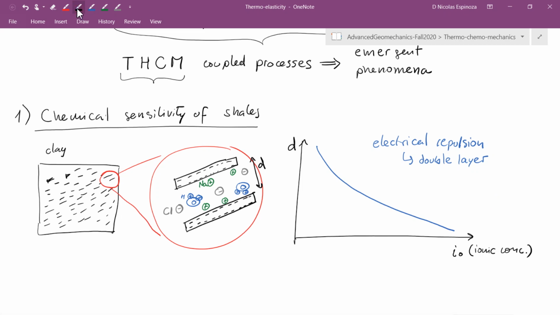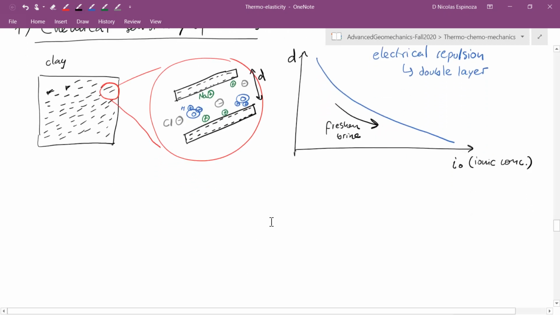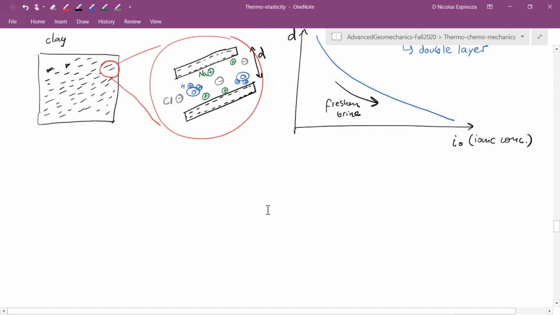Okay, so ionic concentration is basically the amount of salts that you have in the brine. For example, if you were to freshen the water within the pore space, that would be a process in which you go from a high ionic concentration to a low ionic concentration. And that happens, for example, when you are drilling a wellbore and you are using an aqueous, or water-based, drilling mud.